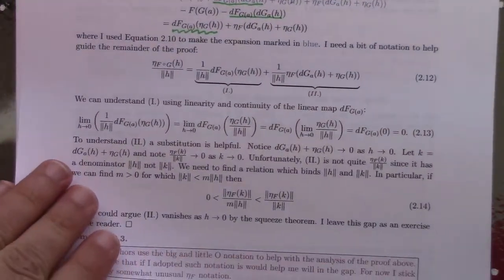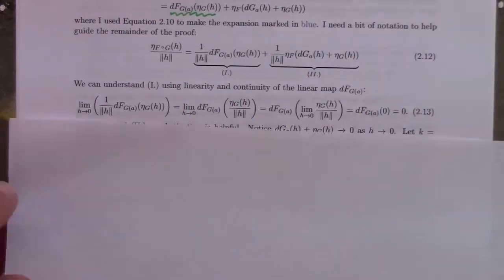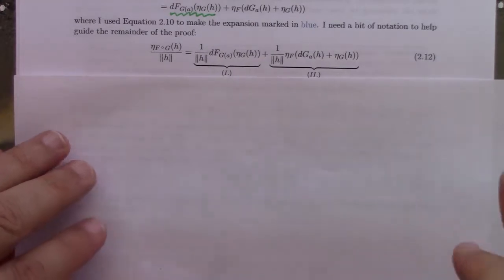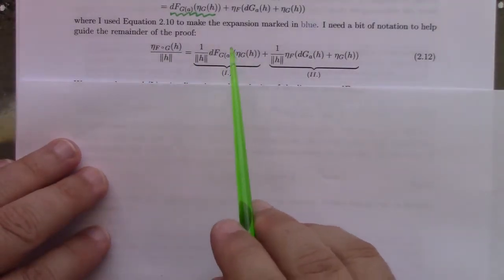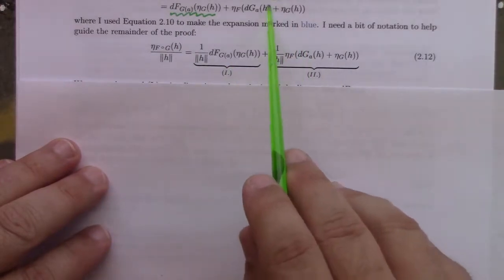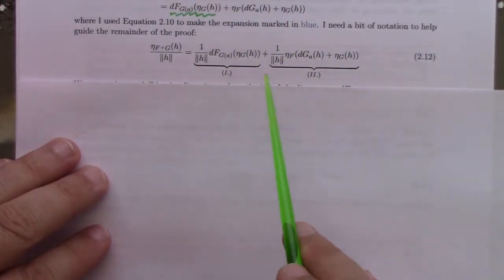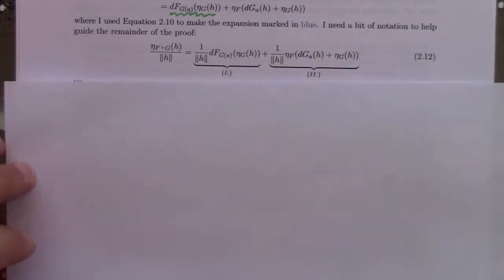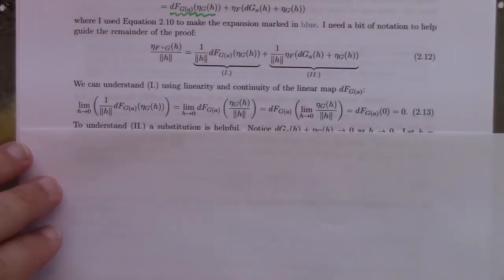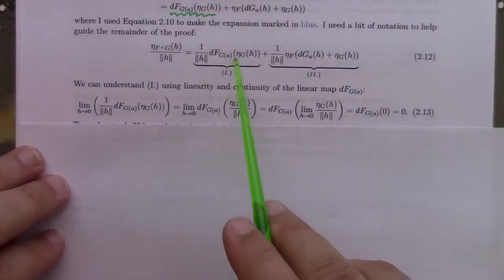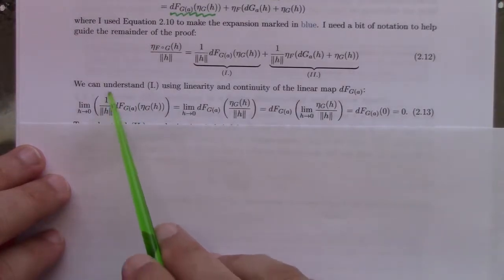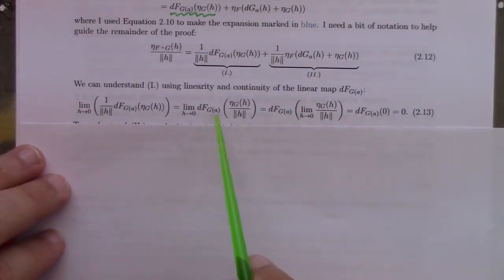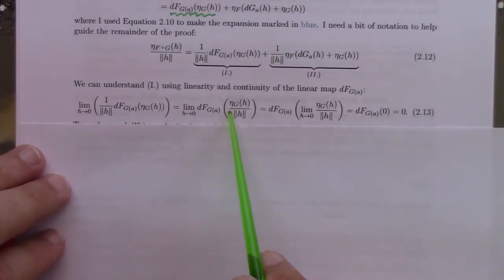All right, so first of all, we've got these two pieces, basically. I'm going to have this piece divided by norm h, and I'm going to have that piece divided by norm h. I'll talk about these separately. I will give an honest-to-goodness argument that shows one goes to 0 as you'd like. So, limit of h goes to 0 of that. This is a constant, it's a scalar. I can bring it inside this linear transformation, like so.